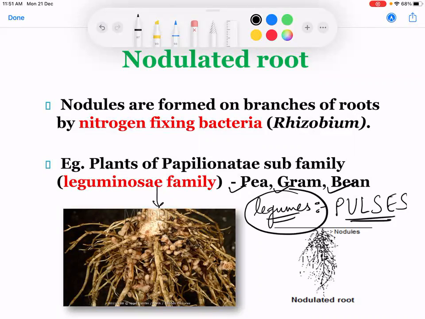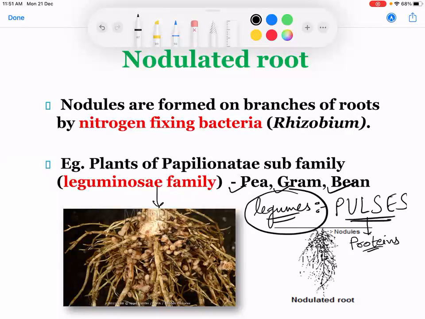The family of legumes is known as the Leguminosae family. Now, what are they adapted for? Pulses store protein in high quantity.